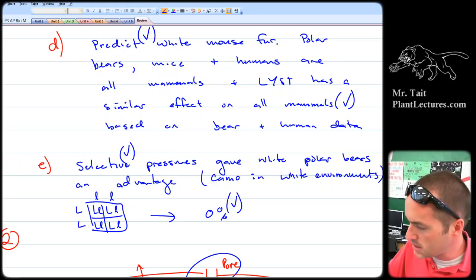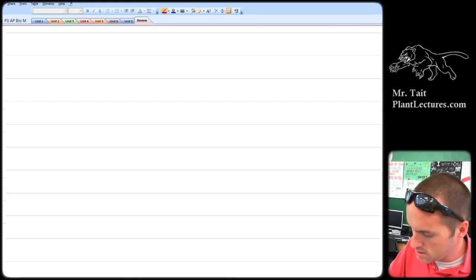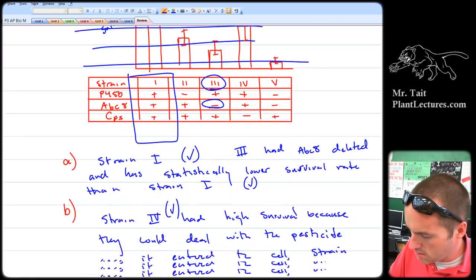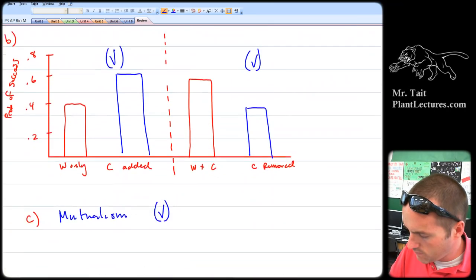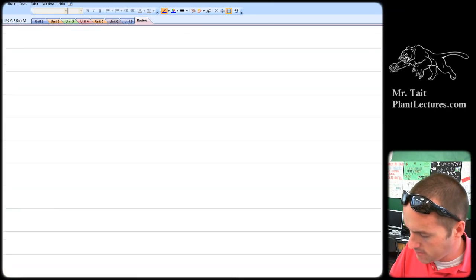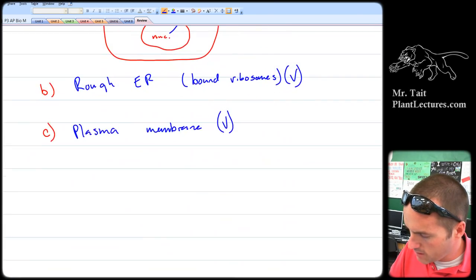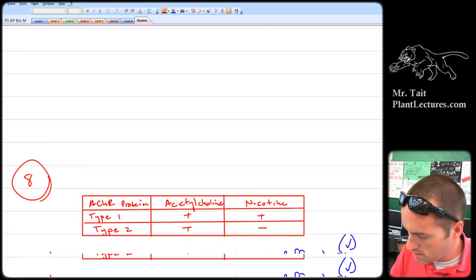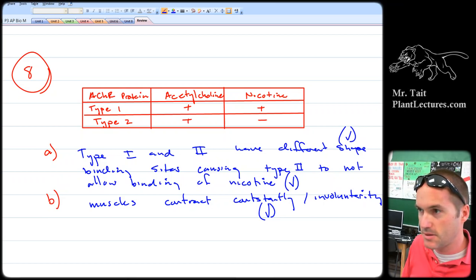So 10 points there. We did 10 points on 2, counted those. 4 points on 3. 4 points on 4. 4 points on 5. 3 on 6. 3 on 7. And 3 on 8. That's all the points. All the points possible there.